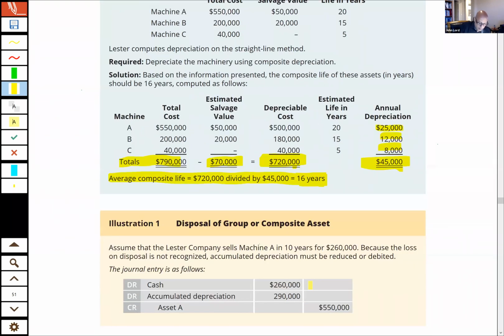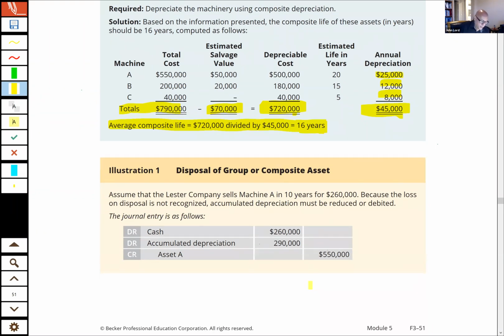Now, the big deal is right here, okay? And notice I'm going to put again, no gain or loss. That's the point of this example, okay? Because they sell it for 260 cash, so they have to debit cash. It's asset A. They take it off at its total cost, and generally I don't like to call things out as a plug, but this is a true plug. This is the real thing. If there's ever a plug in accounting, this is it.